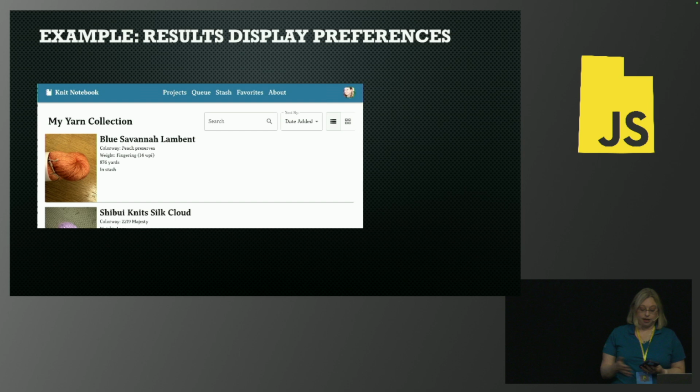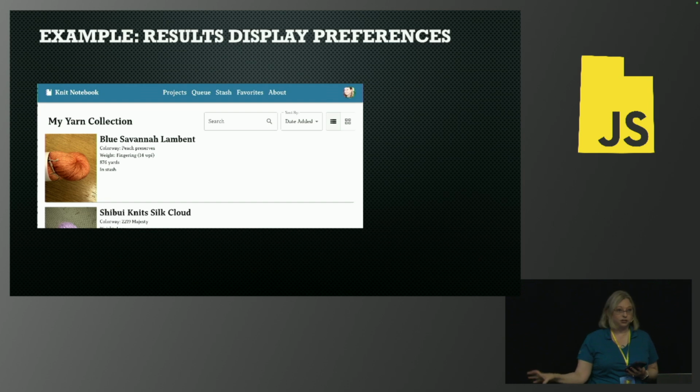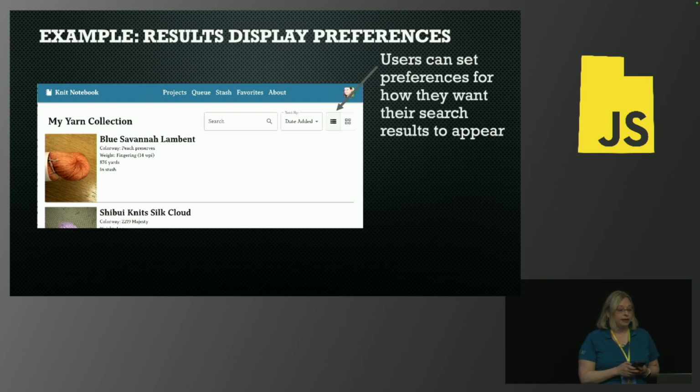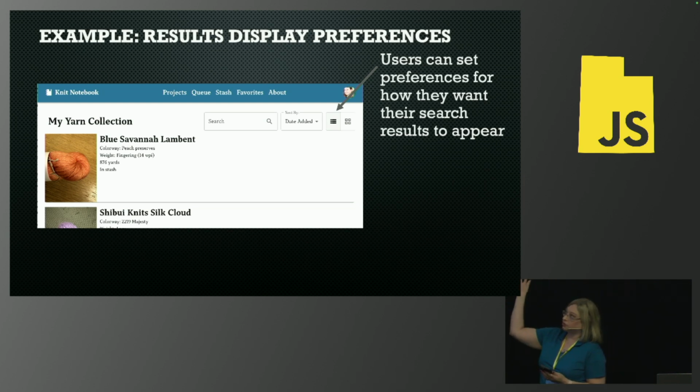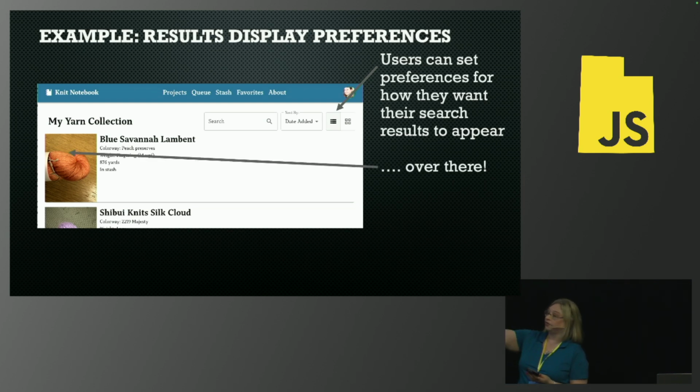Here's an example of a context use, and this is from my code example. I have a repository that has some of the things that I've talked about today in it, and my presentation that I'll share later. So in this situation, in the top right, users can set preferences for how they want their search results to appear over there.